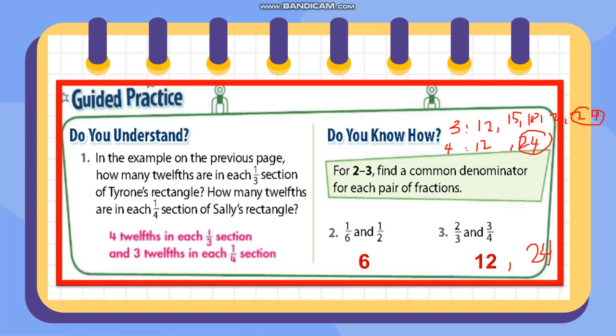And if you continue, you will get a lot of common denominators. But I encourage you to always get the least common. The least common is the first one that is in common, which is 12.